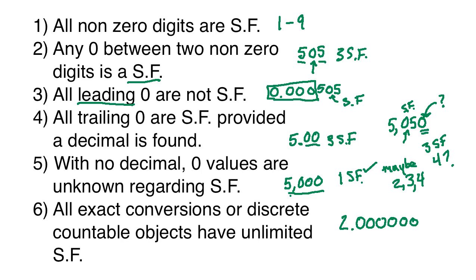Now, if I have a line on a piece of paper, and I get a ruler and measure that line, and I say it looks like it's 3 inches, that is no longer considered a discrete countable object. I can't just list off and count the inches in the line without an instrument. And so when I bring the instrument into this, at that point I set up the need for significant figures.